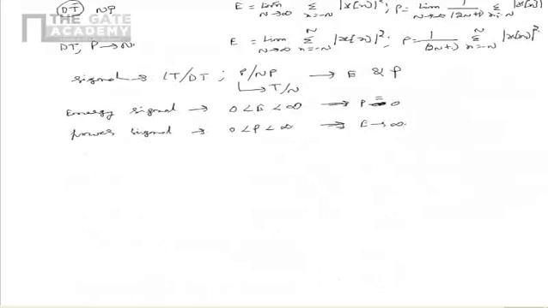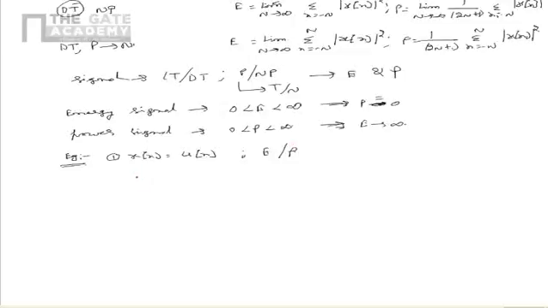Now let us look into some of the examples of energy and power signals. Consider a signal x of n is equal to u of n. We have to find if it is energy or power signal.